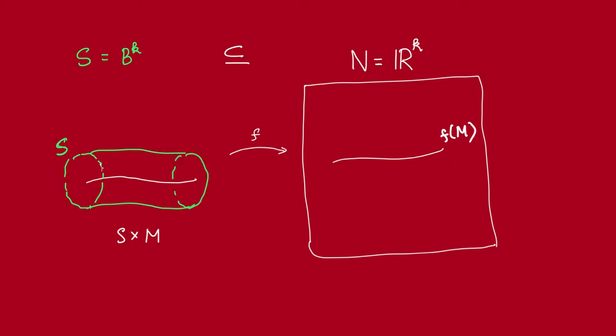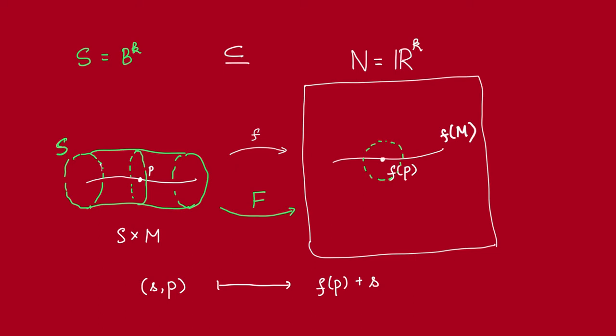For example, here I'm drawing this as the unit disk in R^2. Then we can naturally extend f to a family, big F, on this whole product as follows. For every point p, it should map this slice at p to this ball centered at f(p).